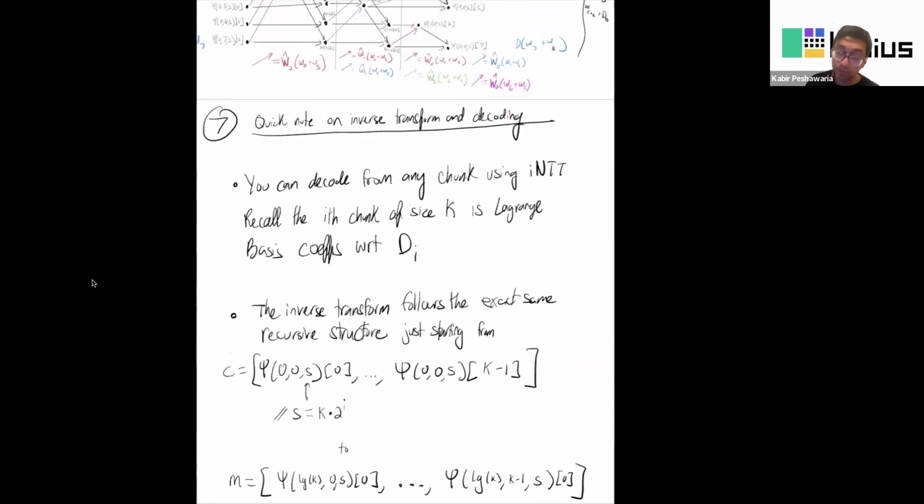Obviously, if you have a polynomial whose degree bound is strictly less than k, then with any k input-output pairs, you can figure out what the polynomial is. And yes, you can decode using INTT using any of these chunks of size k. If you want to make your life easy, you choose the chunk to be something that's sort of contiguous, like evaluations from k to 2k minus 1 or 2k to 3k minus 1.